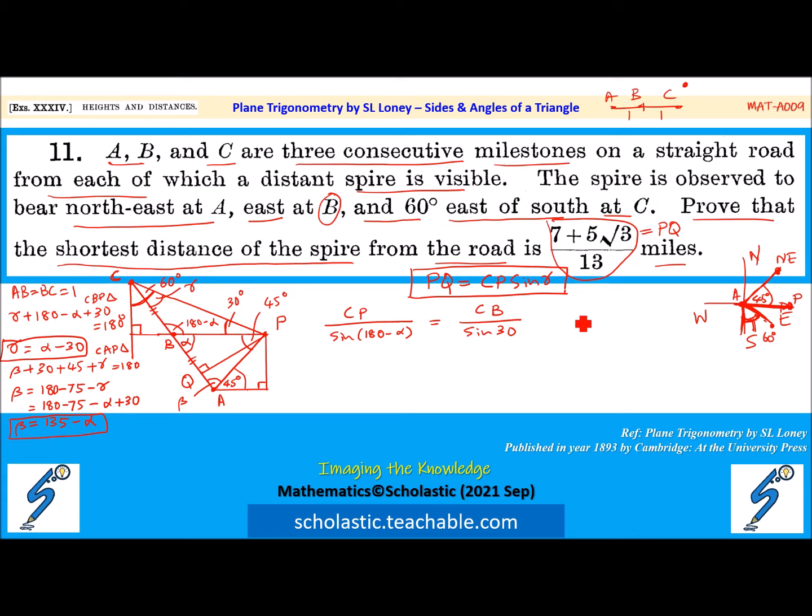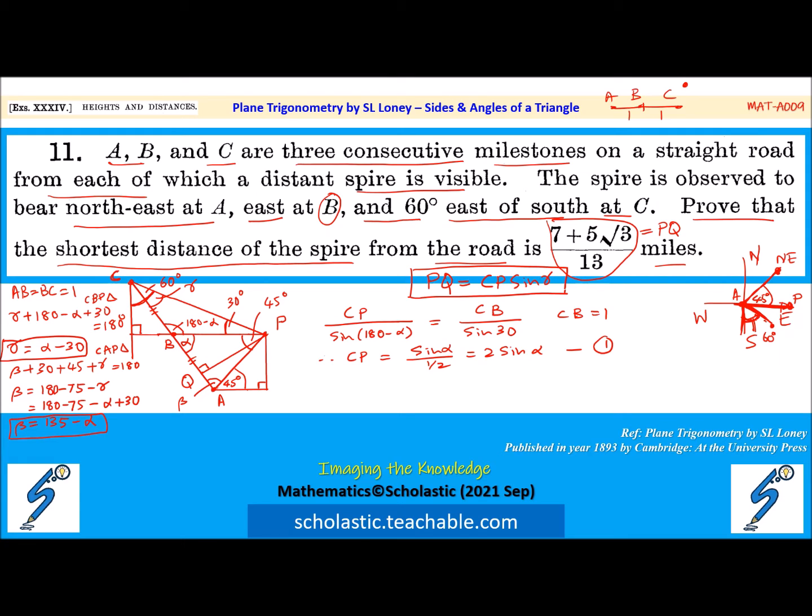We know CB is equal to 1, therefore CP is sine of 180 minus alpha, which is sine alpha, divided by sine 30, which is half. That means sine alpha divided by half, which equals 2 sine alpha. First equation: we found CP in terms of alpha.